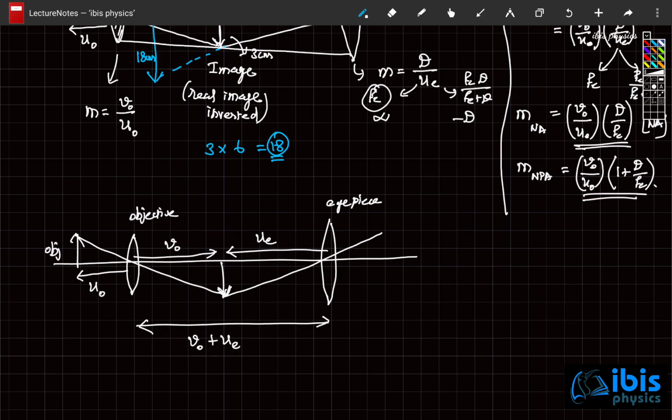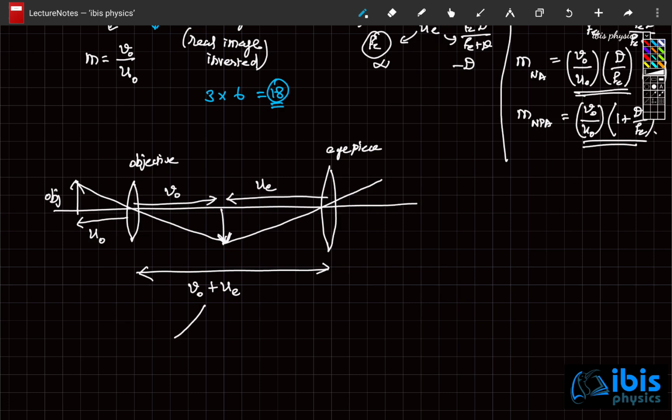So the length of the microscope in the case of normal adjustment will be V0 plus UE. For normal adjustment, the final image is to be at infinity. That means VE has to be infinity, so UE must be equal to FE. So V0 plus FE. And for near point adjustment, VE must be equal to the least distance for clear vision.